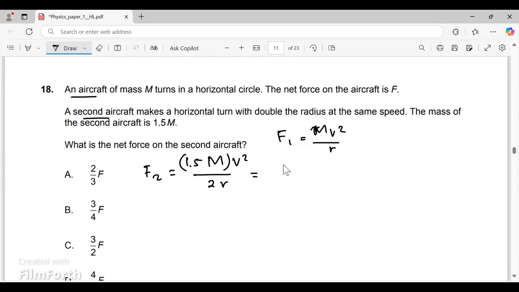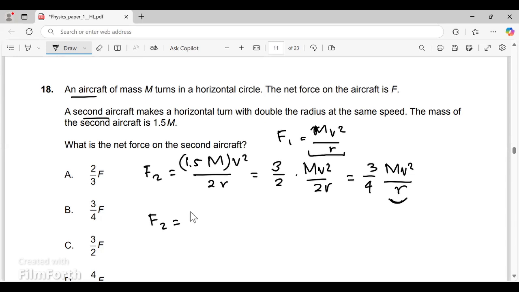Because 1.5 is 3 halves, this becomes 3 quarters of m v squared over r, which is F1. So F2 equals 3 quarters of F1.